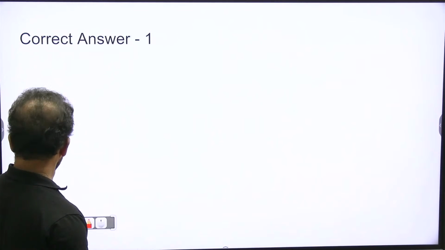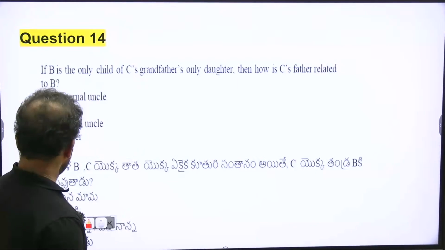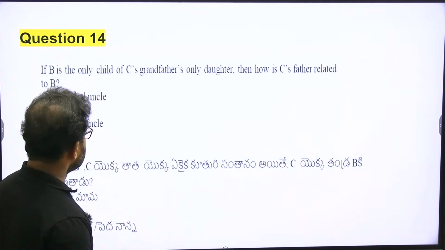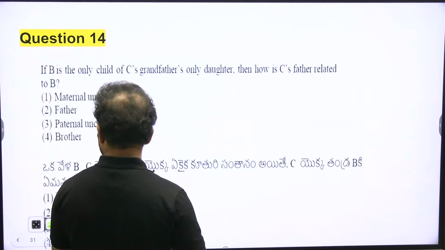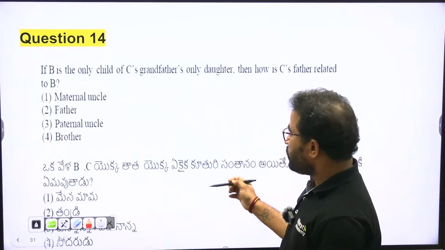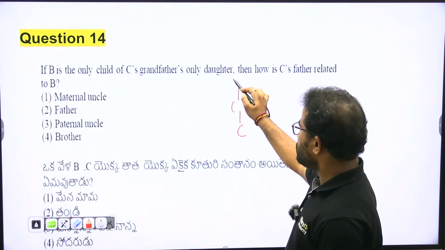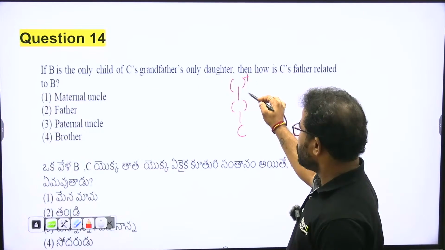So look at this one, which answer have they given? Maternal uncle. B is the only child of C's grandfather's only daughter. How is C's father related to B? The question is asking about B, the only child of C's grandfather's only daughter.